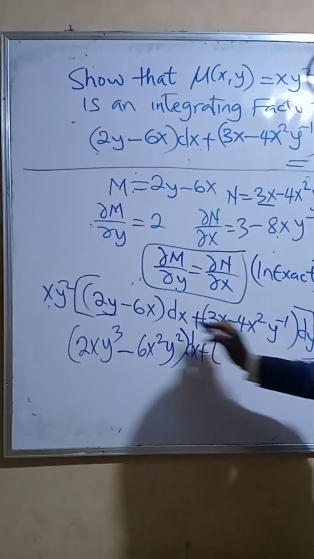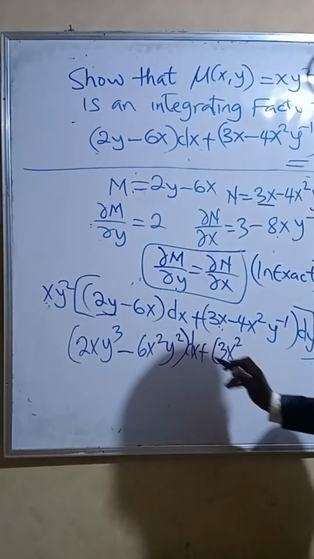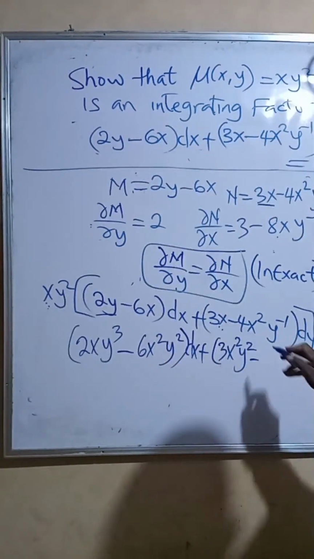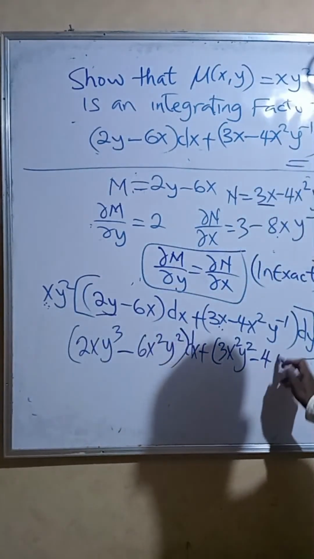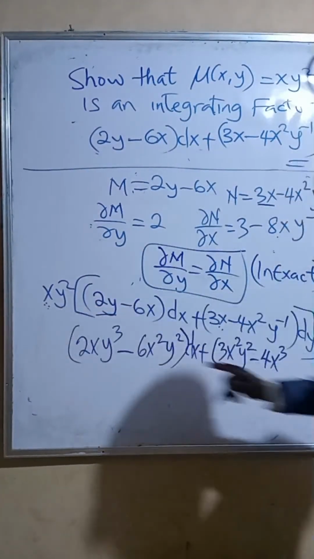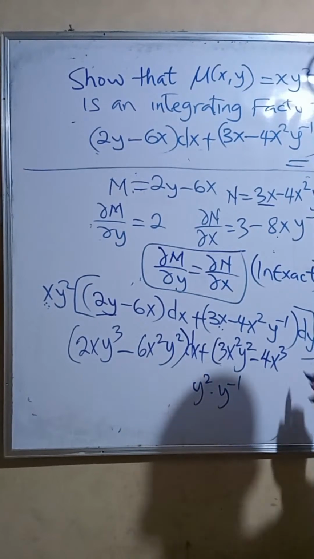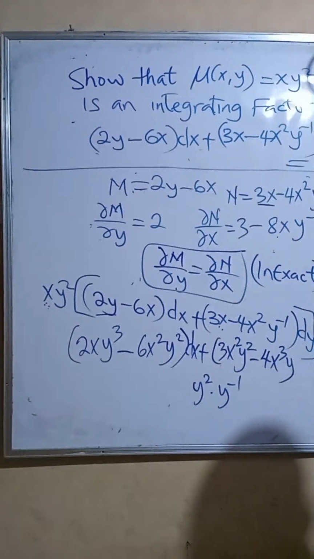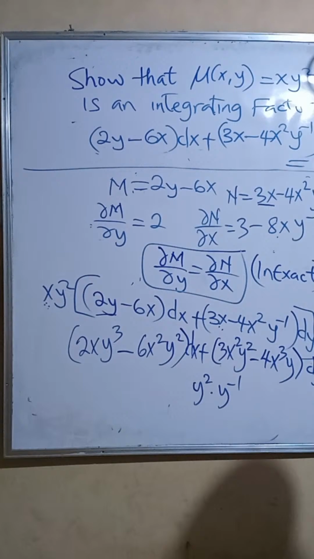That's 3x squared y squared, then minus this 4x squared times x, that will be minus 4x cubed. And then we have y squared times y to the power minus 1. If you apply your indices, you're going to have y. So close the brackets in that place. So that's what we have.